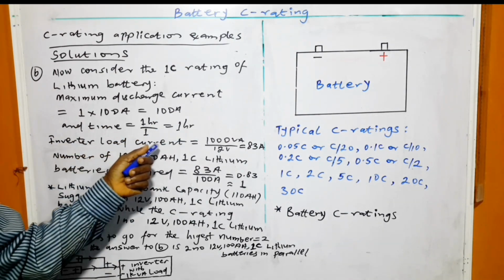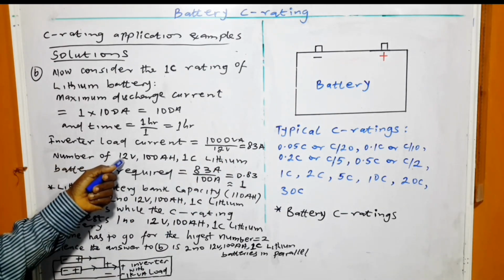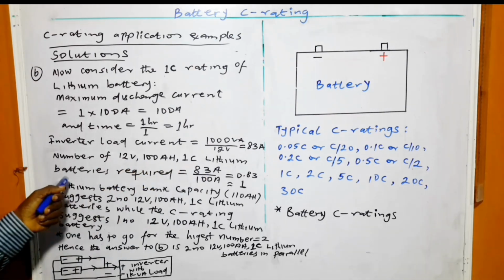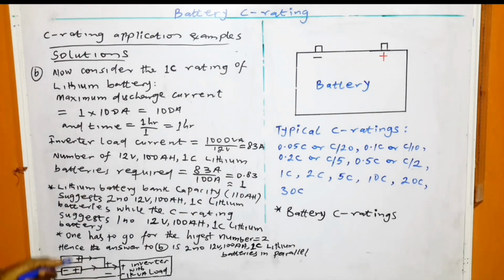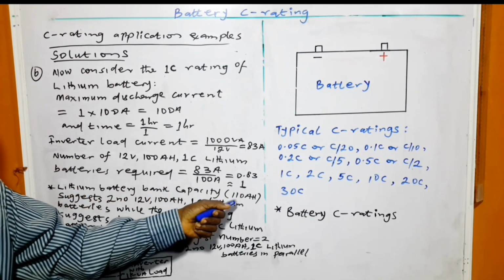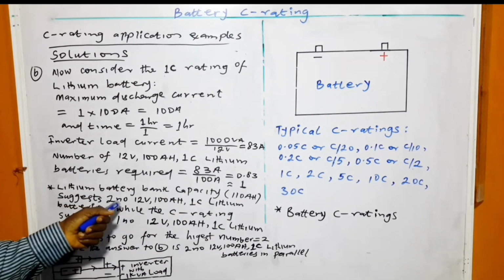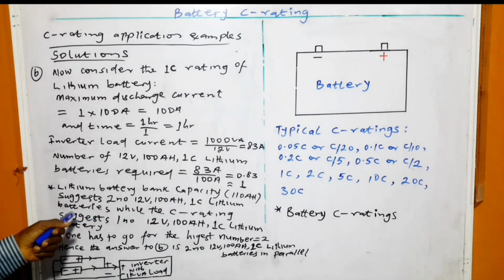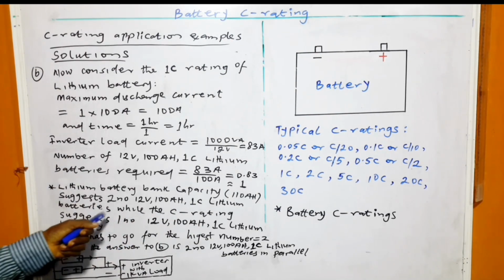Now the inverter load current is equal to 83 ampere, and hence the number of 12 volts 100 ampere hour 1 C lithium batteries required is approximately 1. Now the lithium battery bank capacity of 110 ampere hour as calculated earlier suggests 2 number 12 volt 100 ampere hour 1 C lithium batteries, while the C rating suggests 1 number.